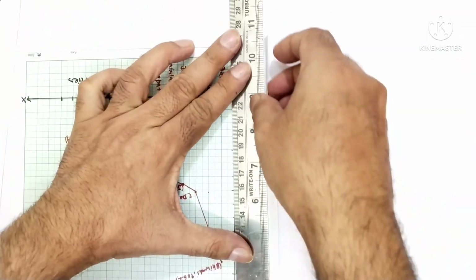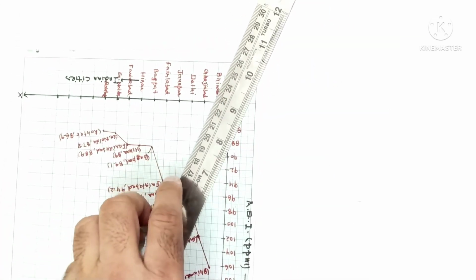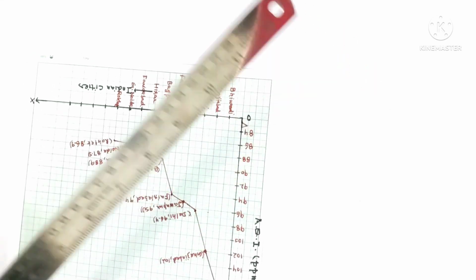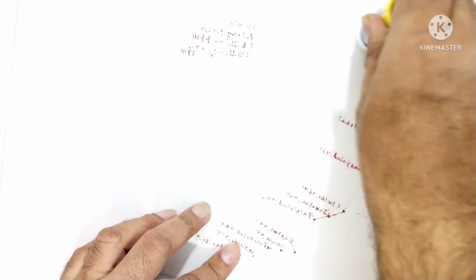Whatsoever is the extra boundary, you can tear it off, and then take one white sheet of A4 size and paste this graph on it. So I have taken one A4 size sheet. You can take any adhesive material, apply it at the back of the graph paper, and then paste that on the white sheet of paper.